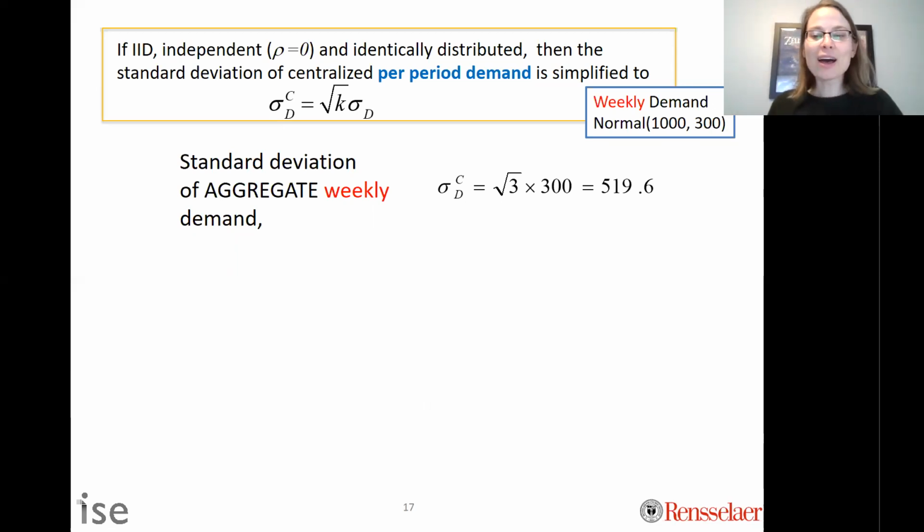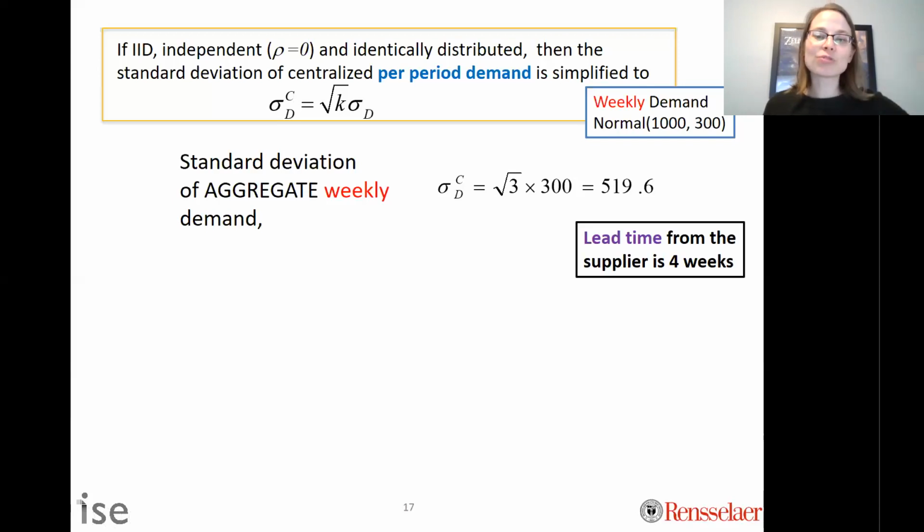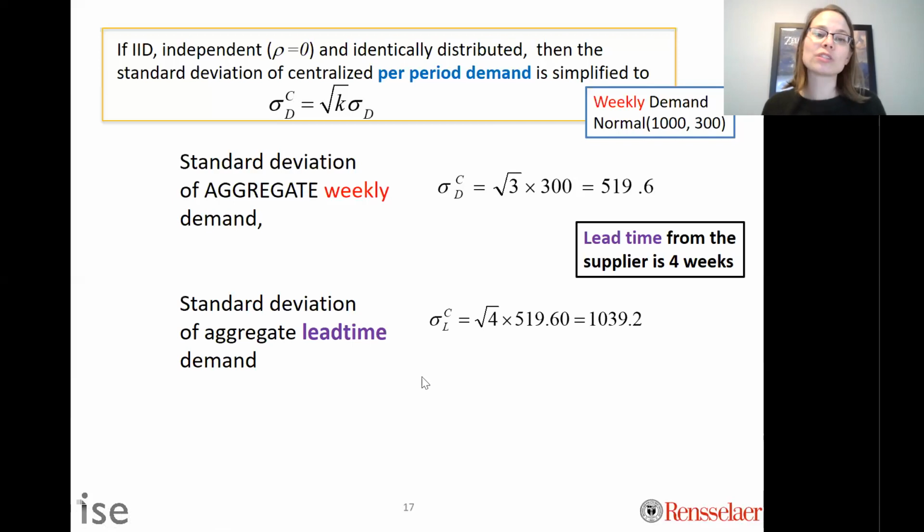That's great. But remember, we need lead time standard deviation. So we need to now use that and then use these previous equations that we've done from before in the other videos. And so as a reminder, lead time from the supplier is 4 weeks. And so we need to use the standard deviation of aggregate lead time demand.